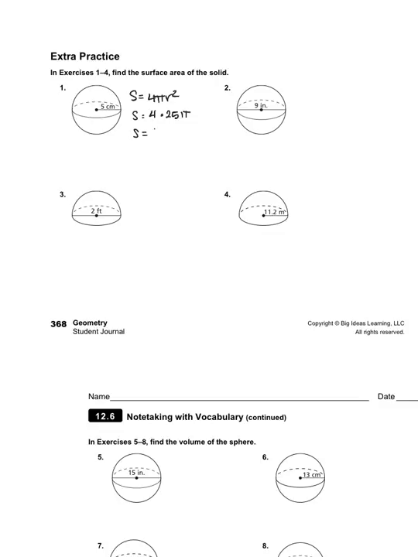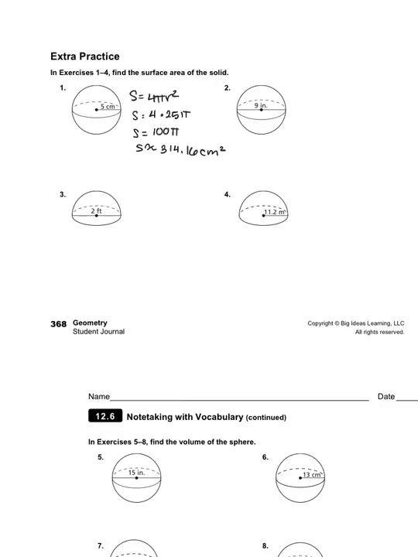I end up with 100 pi, which then makes S approximately 314.16 centimeters squared. Centimeters squared because this is surface area, it's not volume.